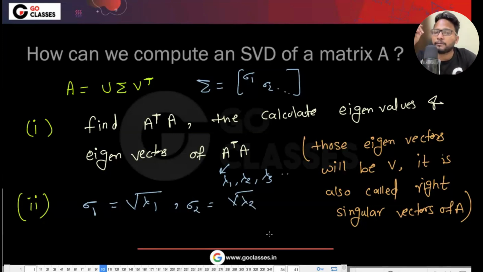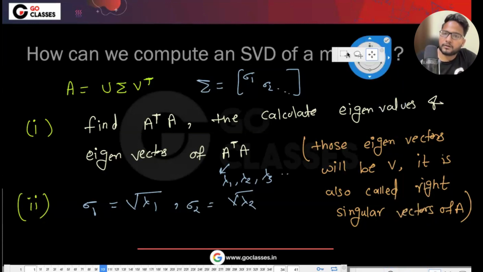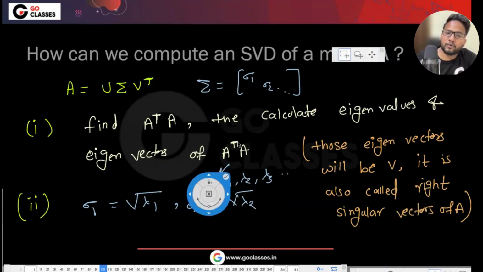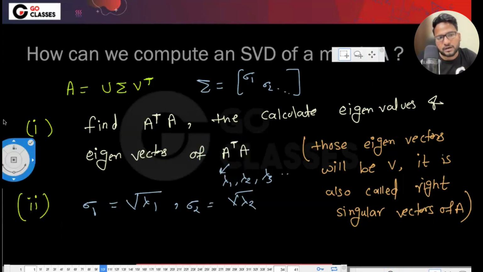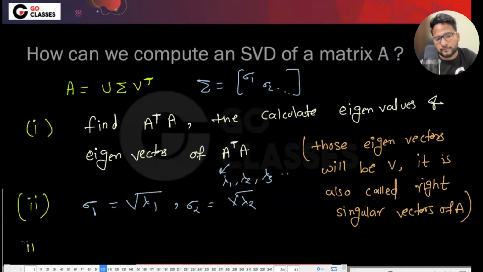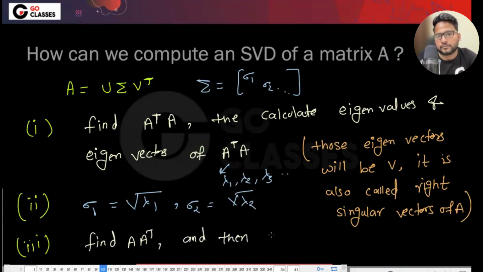Now, what is the turn? The turn is to find U. How to find U? Can anyone tell me? So the third step is to find U, using A transpose and the U_i's.